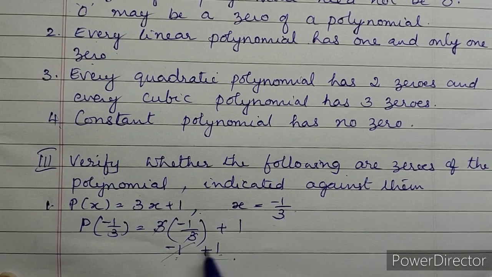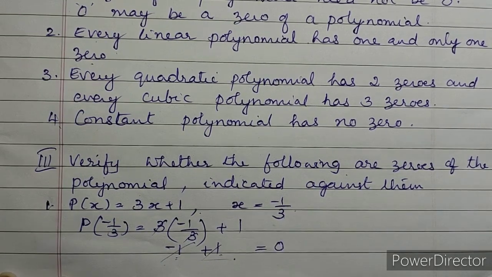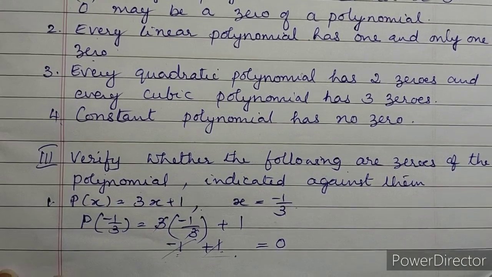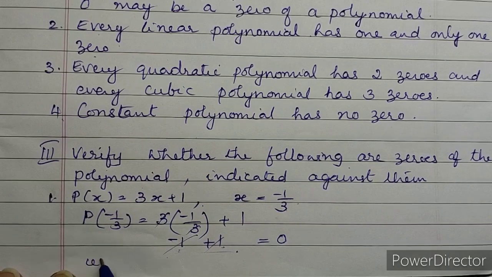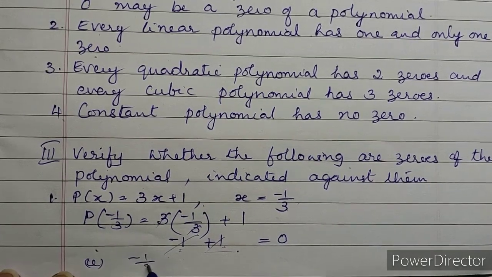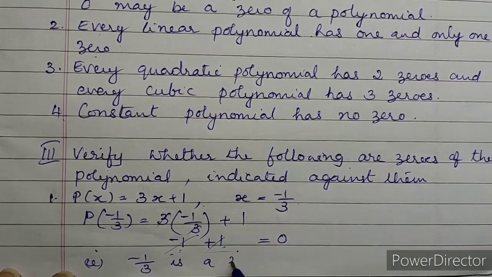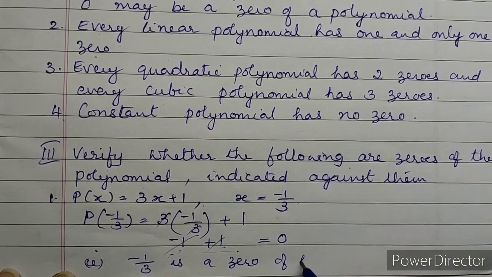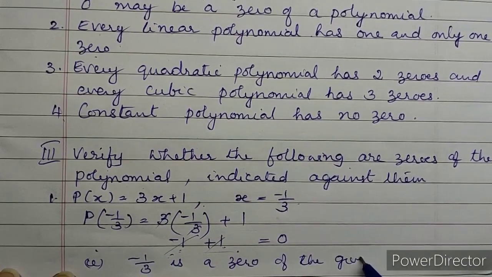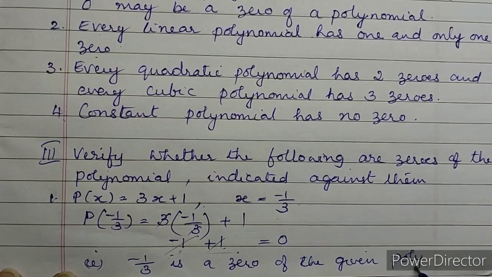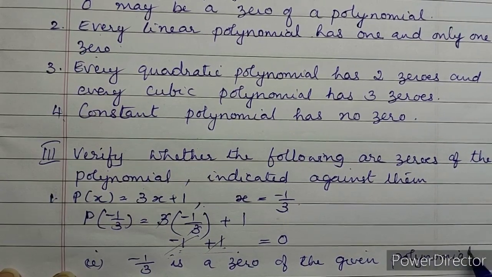Both have opposite signs, so they cancel. The answer is 0. So what conclusion can you write? Minus 1 by 3 is a 0 of the given polynomial. You should write the conclusion like this.